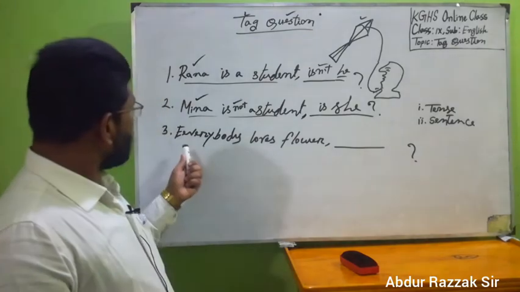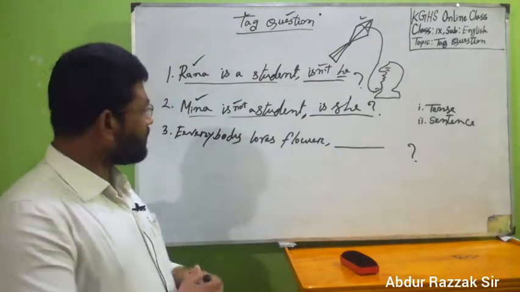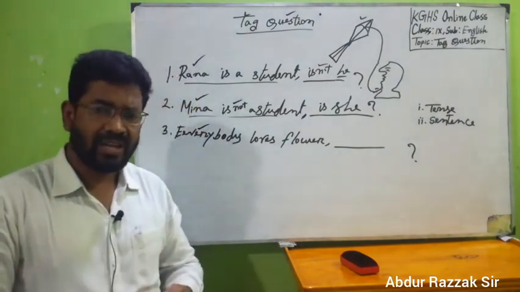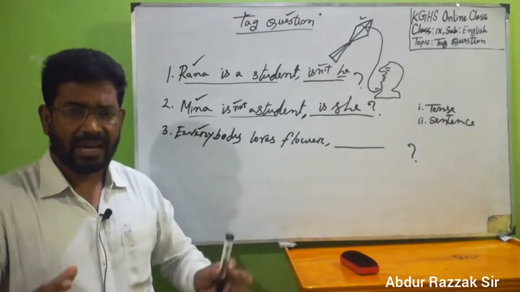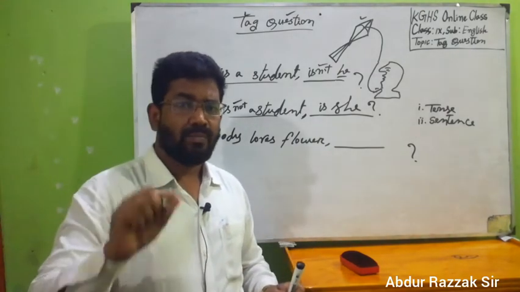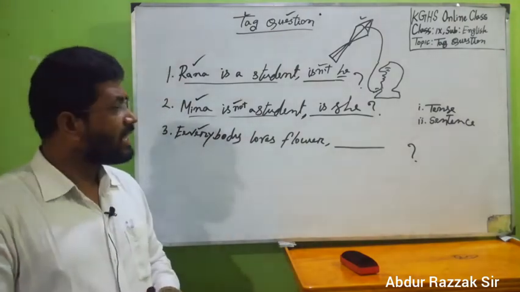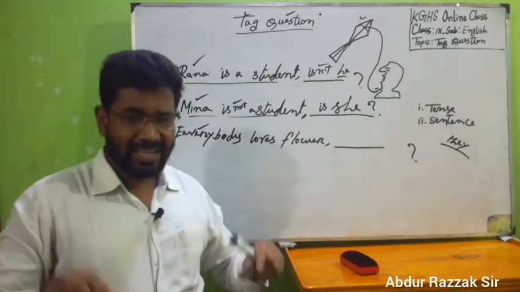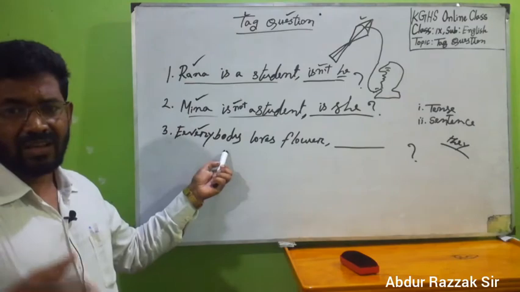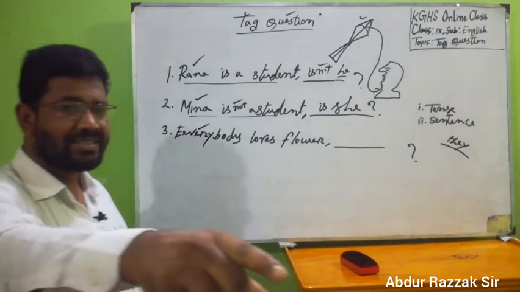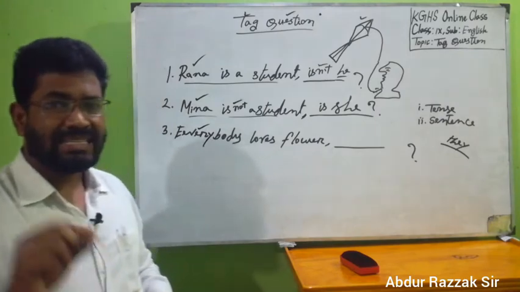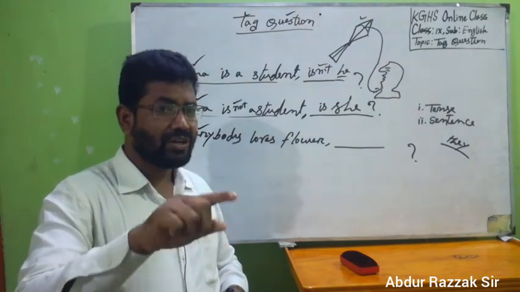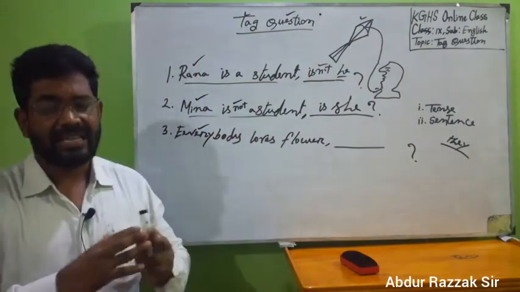Yes, students, everybody loves flower. If the sentence starts with everybody, everyone, somebody, someone, no one, none, or neither, the pronoun of the tag question will be they. Yes, students, can anyone tell me what kind of tense it is? Yes, it's present indefinite tense, because you know that only in the statements of present indefinite tense and past indefinite tense, there is no auxiliary verb.